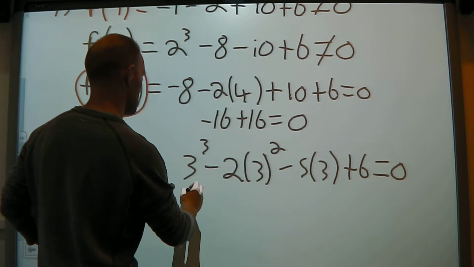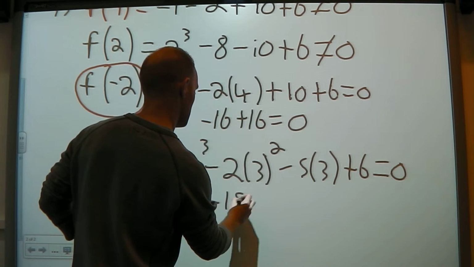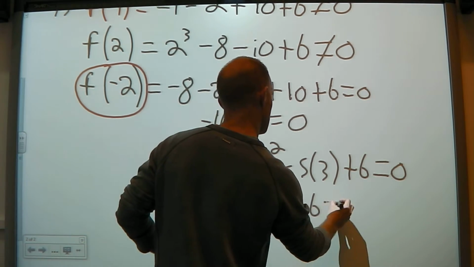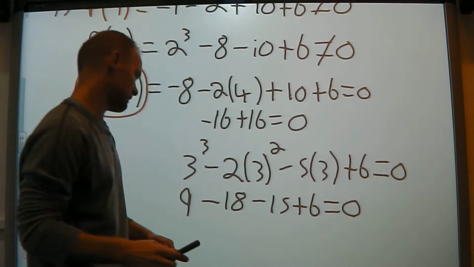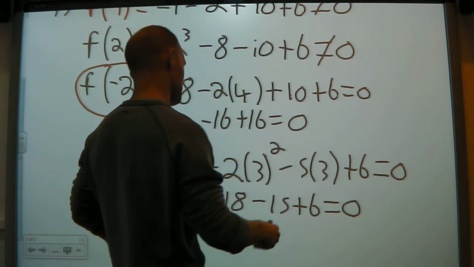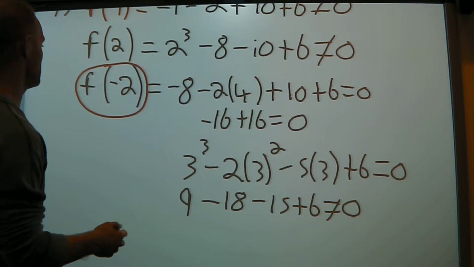So 3 cubed is 27. Subtract 3 times 3 is 9, times 2 is 18. Minus 15 plus 6 is equal to 0. So we look at this. That's not equal to 0, as you can see, because you have a huge negative number. That was f of 3.